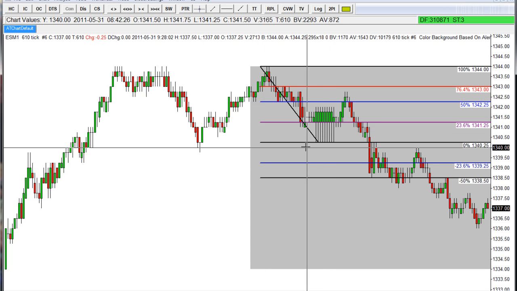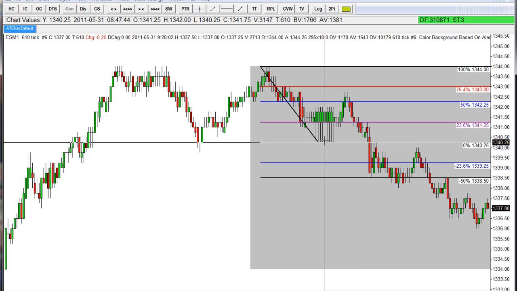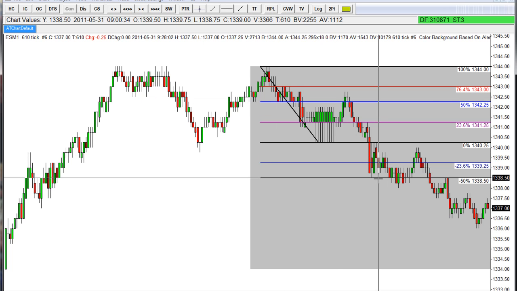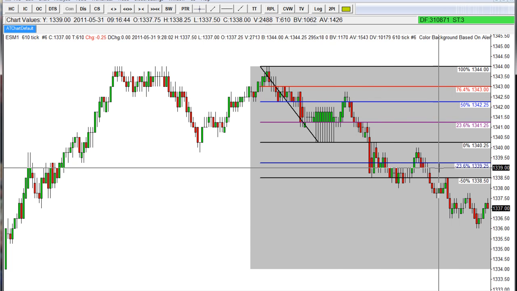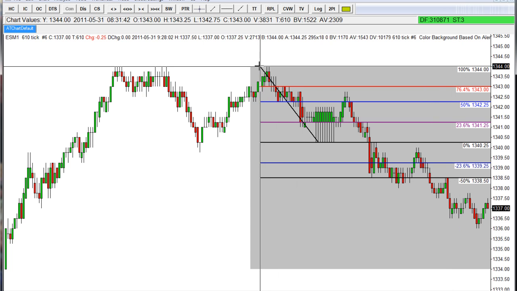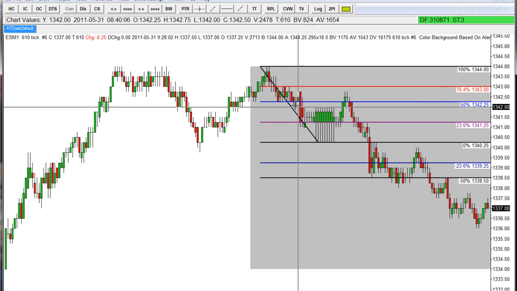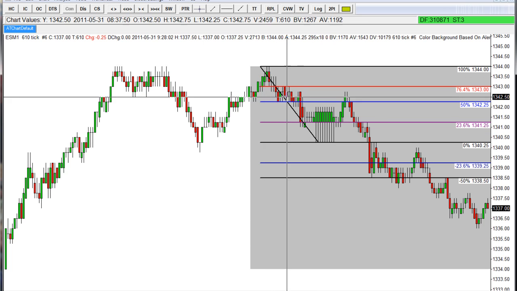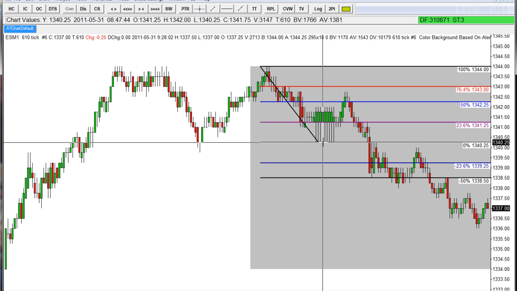Okay, what this means is that for my particular fib tool, the levels that are in the direction of the trend have negative values. Okay, so if you're looking at this fib right here, price was moving down. This represents 100% of the down move.